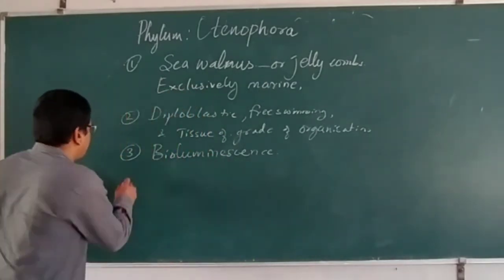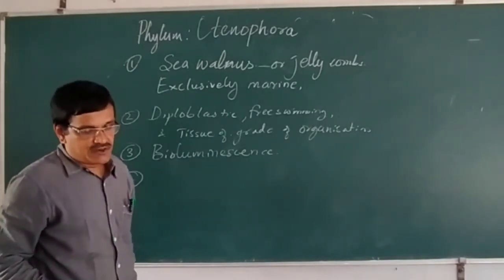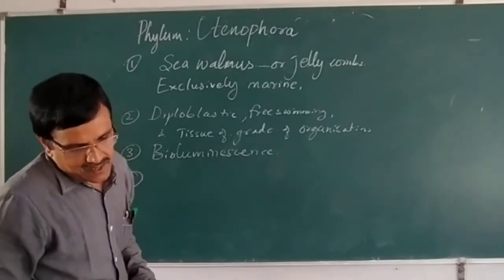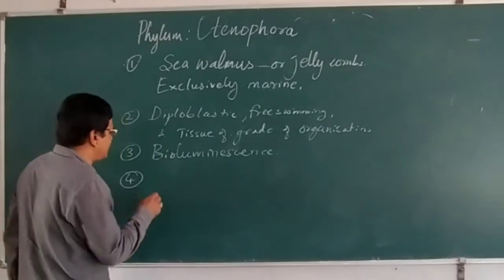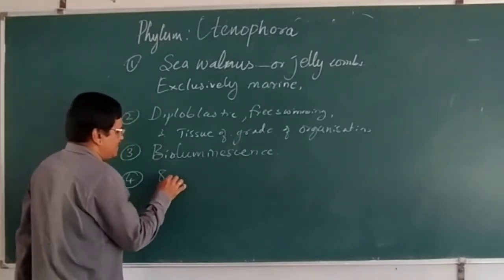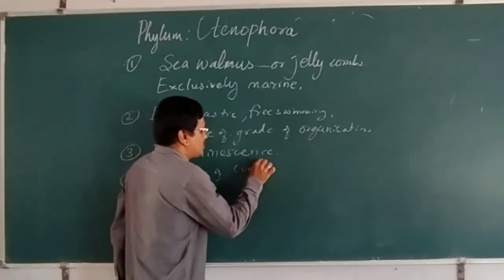Okay, then the body of the ctenophore has 8 external rows of ciliated comb plates.